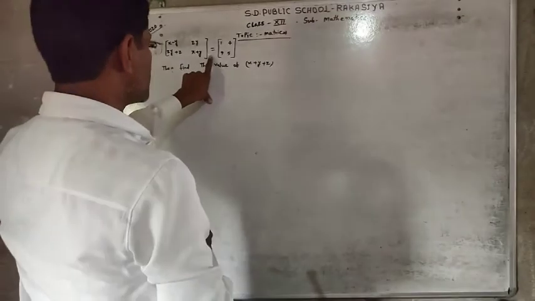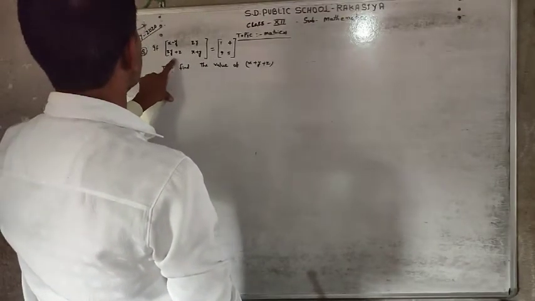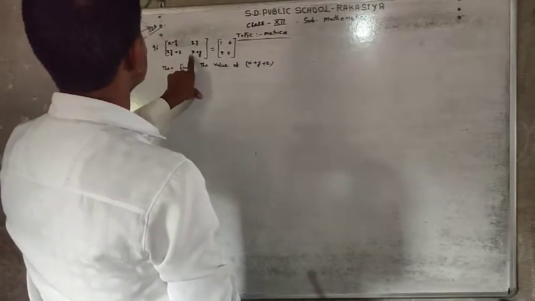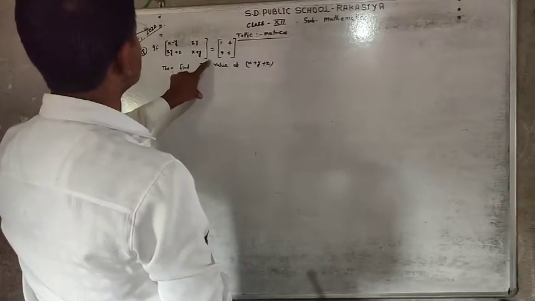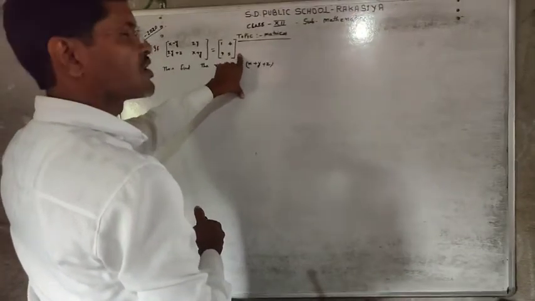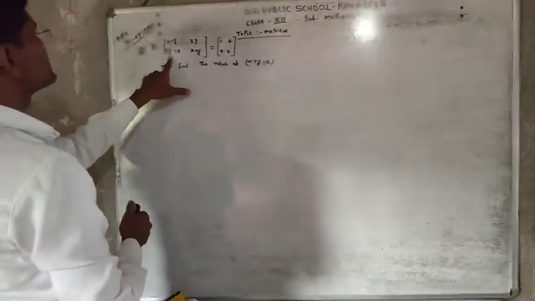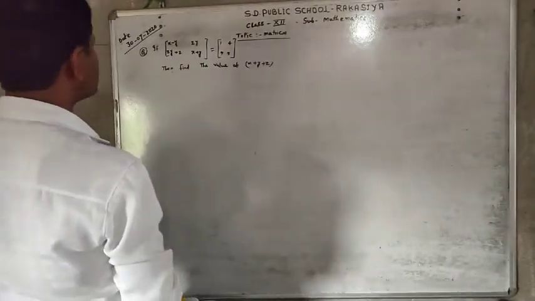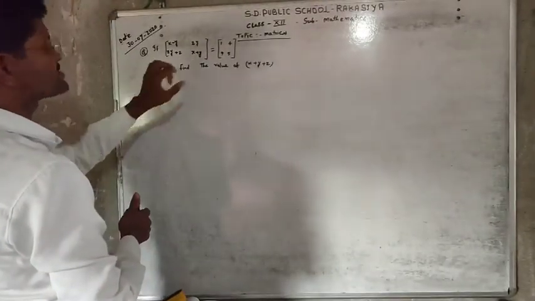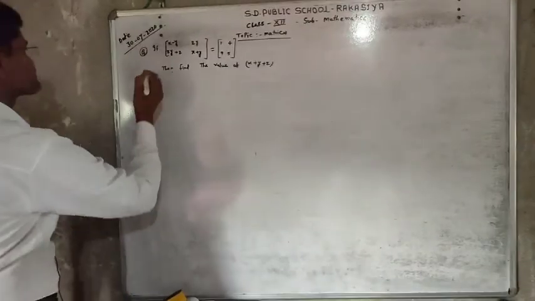the same order. The matrix written in the LHS has order 2 by 2, and the matrix written in the RHS also has order 2 by 2. Hence, these matrices can be equal, and we are given that the matrices are equal, so the corresponding elements will also be equal.